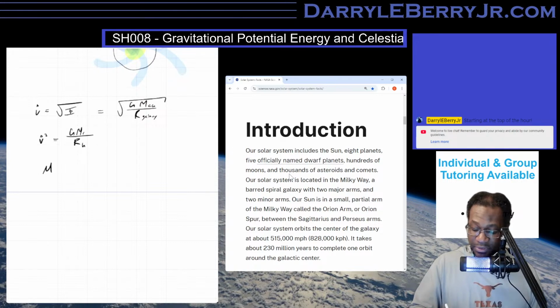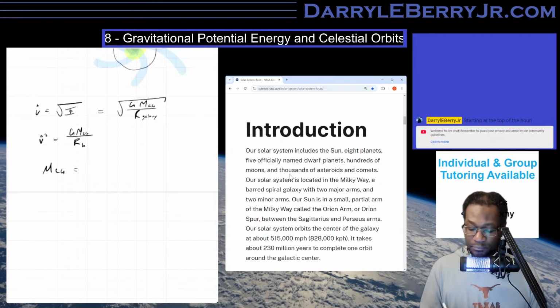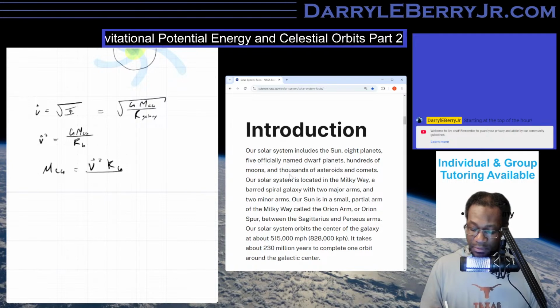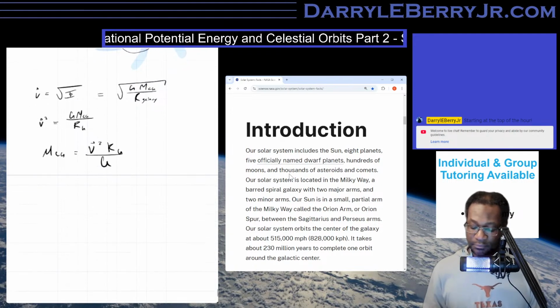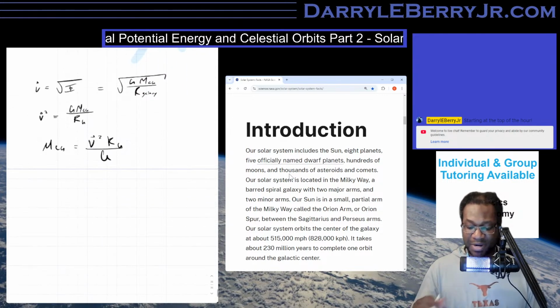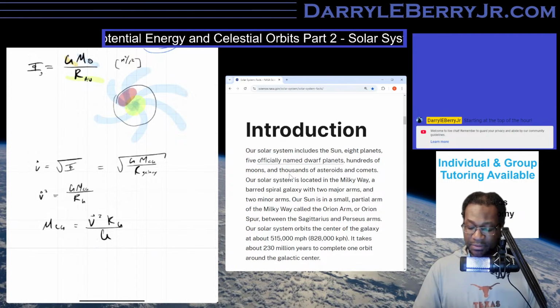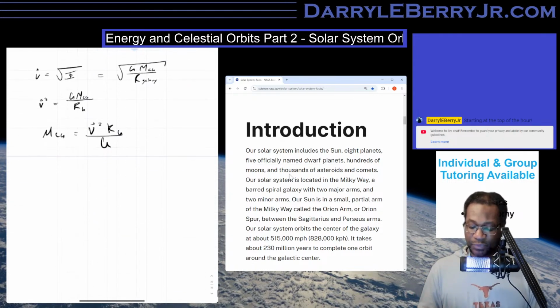I'll say mass CG, mass center galaxy, equals V squared R_G over G. So this should give us a rough estimate of the amount of mass at a radius less than, even slightly less than, our distance from the center of the galaxy.